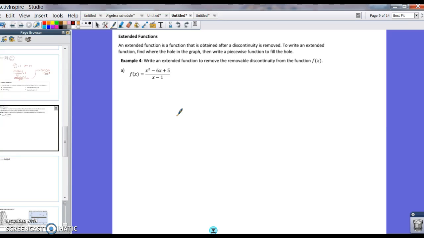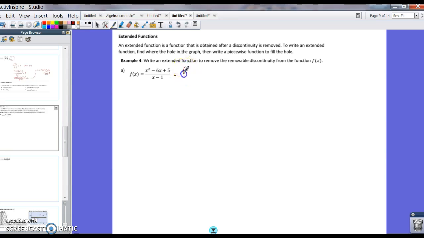Okay, so what we're going to do first is, when you see a function like this, when you have a polynomial in the numerator and a binomial in the denominator, you're going to want to start by factoring it to see what you can do with that. So the first thing I want to do is go ahead and factor this, right?